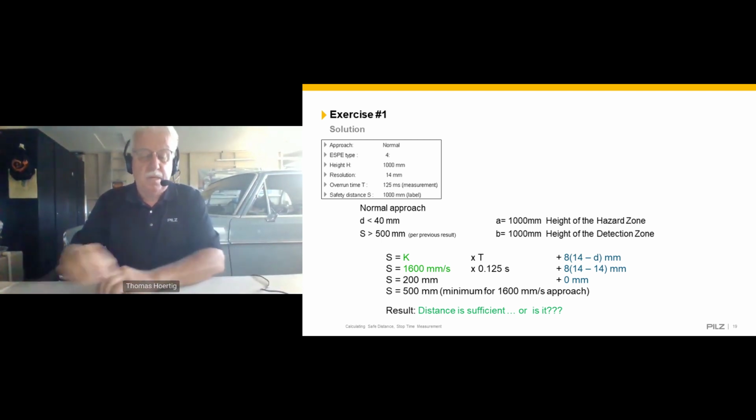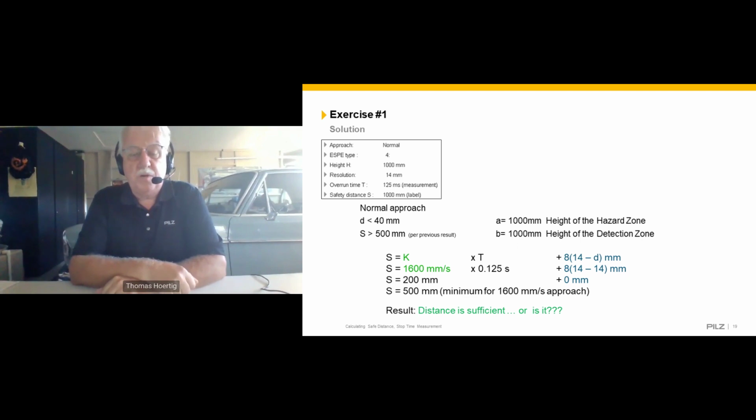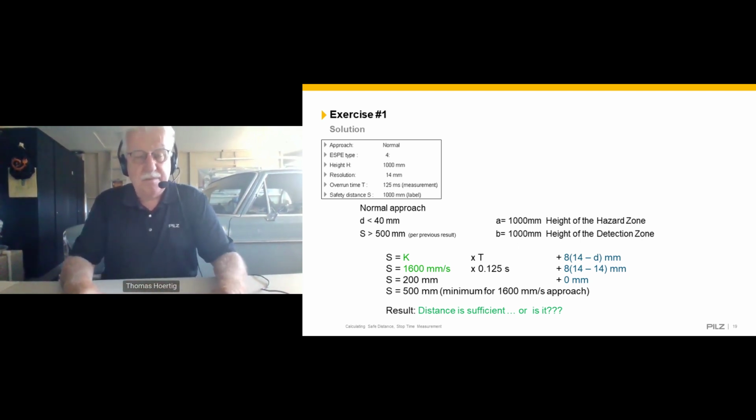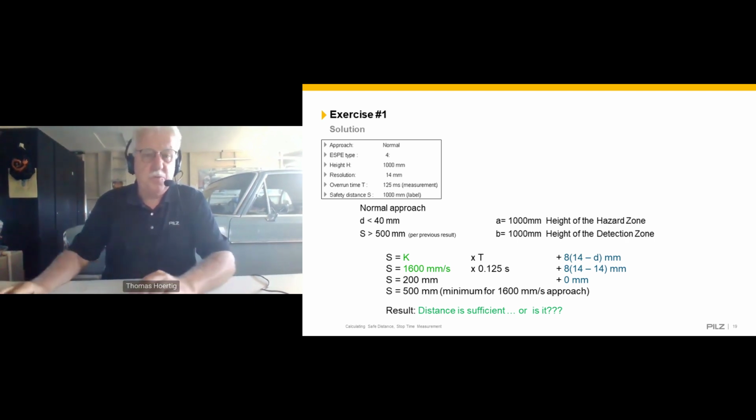Also, 200 millimeters we cannot choose, because it says here that for a 1600 millimeter per second approach speed, you need to be at least 500 millimeters away, which we still are with the 1,000. But we still need to check because the height of our presence sensing device is 1,000 millimeters.